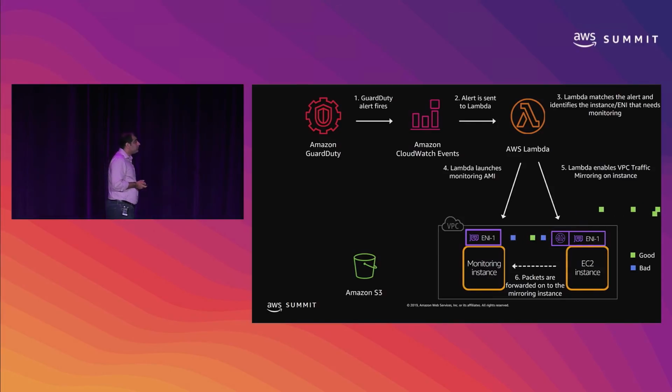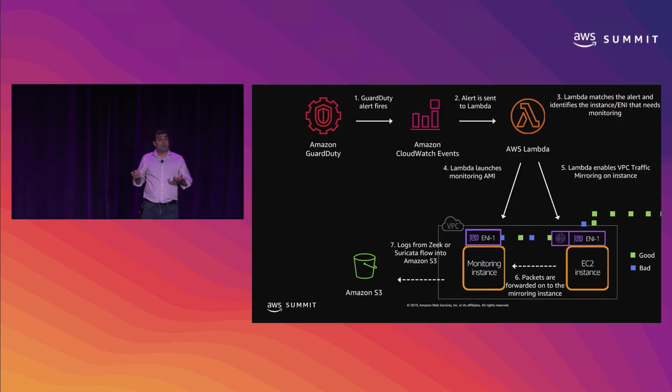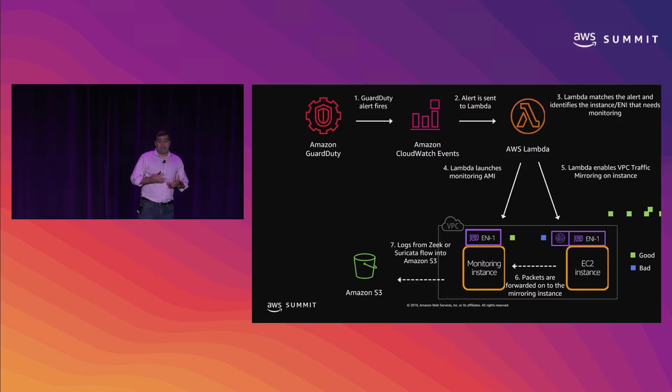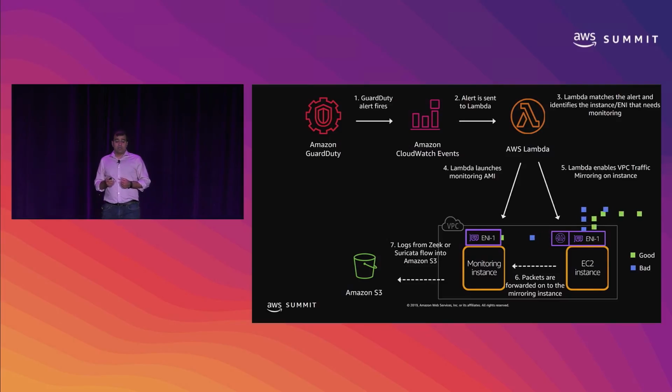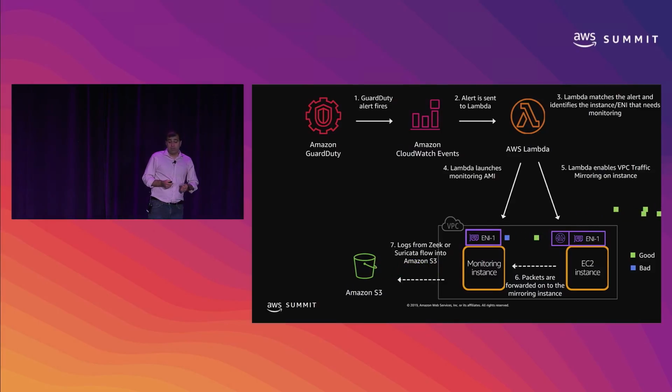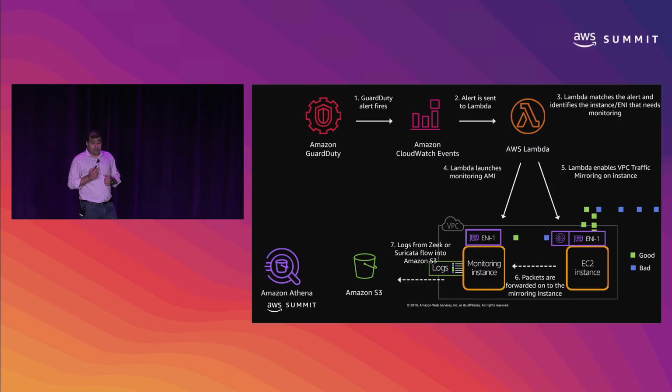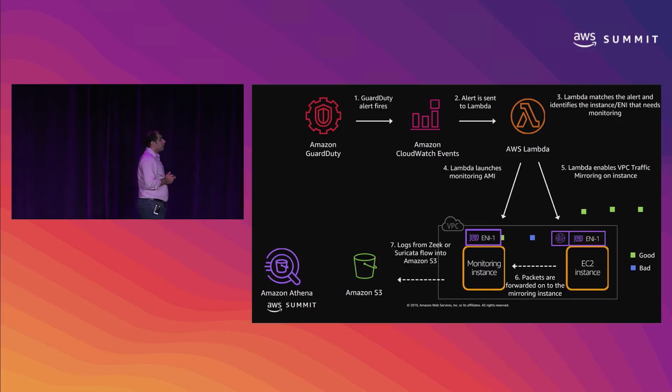Some of our customers are also using open source tools like Zeek and Suricata, which can monitor the traffic for you, tell you what's happening, and also generate logs. Those logs can then be sent to S3 for archival purposes, for record keeping, or for whatever other use cases you want to have. Also, those logs can be queried through Amazon Athena so that you can provide them to humans who can make a high-judgment call, right?